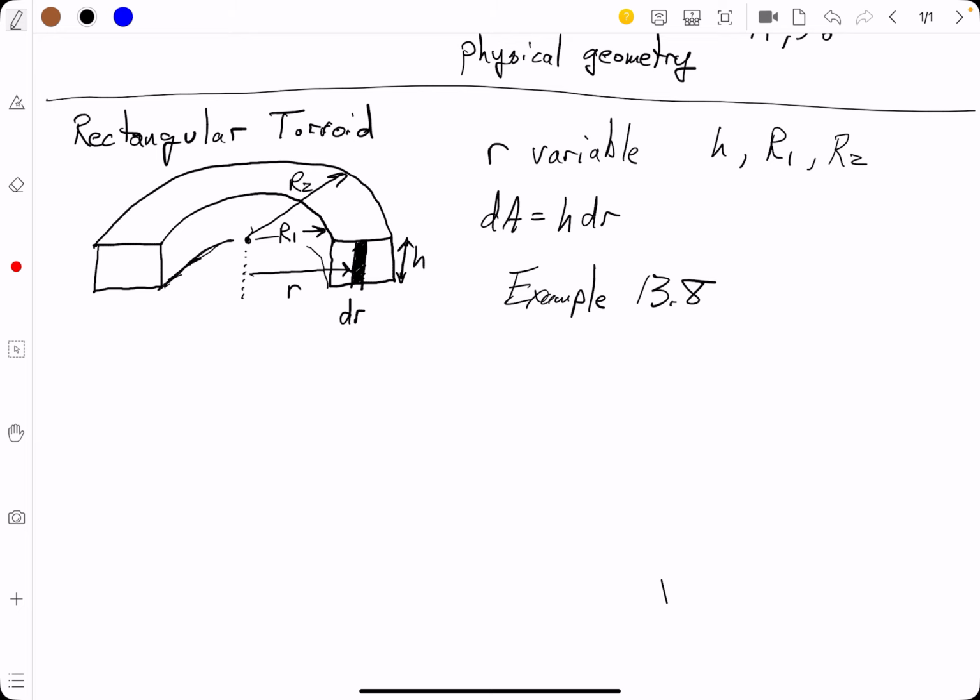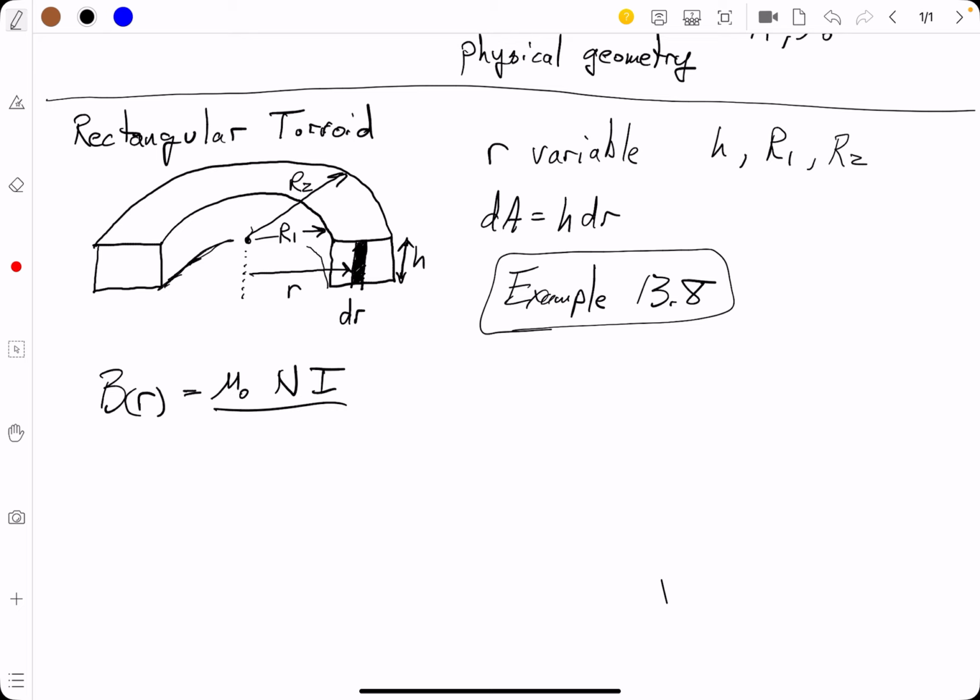Okay. So you can go and look at example 13.8, and that's what we're doing basically. And we're going to show that our B as a function of radius is equal to mu naught N I over 2 pi r.